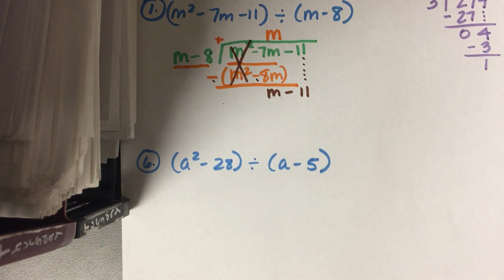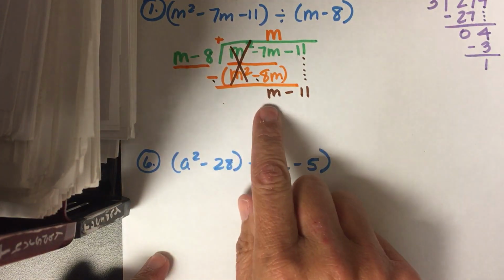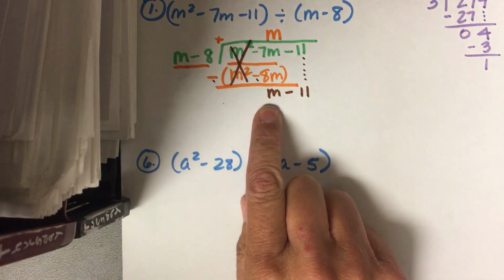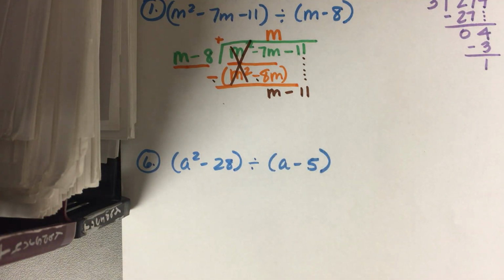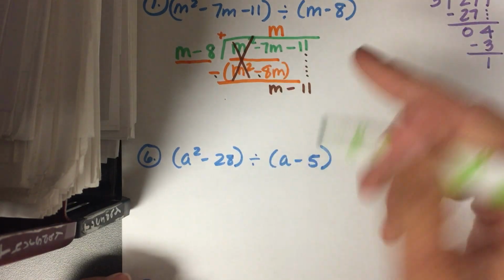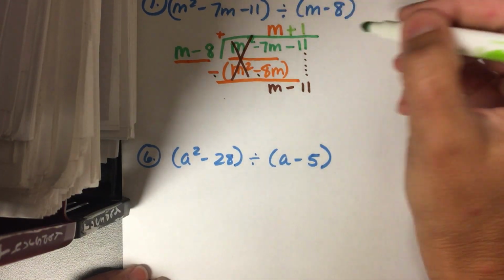Now we're going to look at the next step. I want to see how many times m goes into m. That one should be one of the easier ones. How many times does m go into m? That's going to be 1 time, so plus 1.